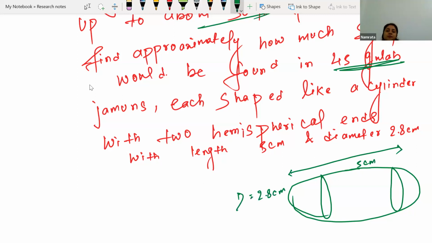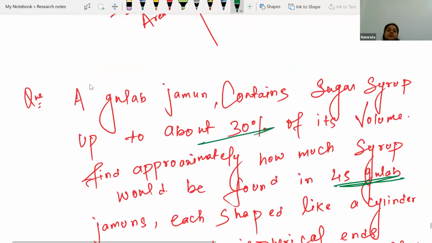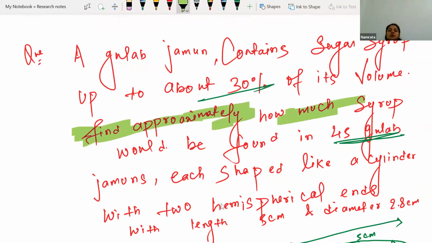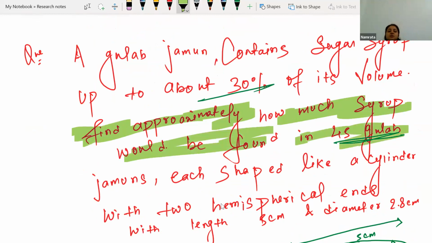What to do over here? We have to find approximately how much syrup would be found in 45 gulab jamuns.